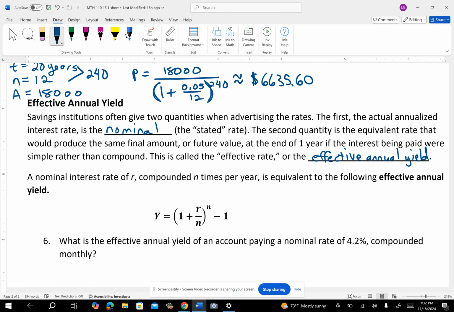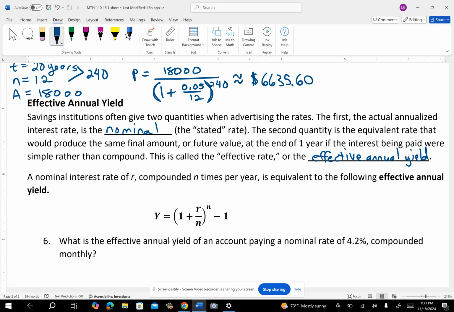What the effective annual yield really is: if it were simple interest rather than compound interest, what would the interest rate have needed to be to wind up with the same amount of interest at the end of 1 year?